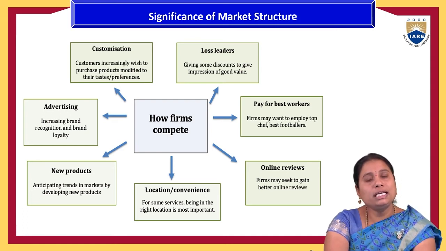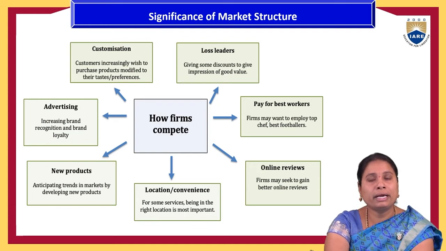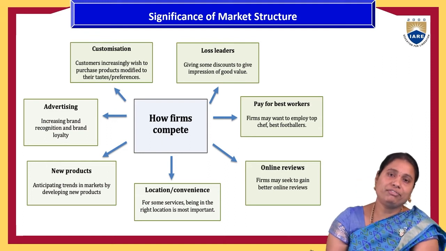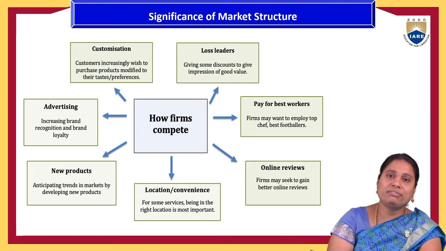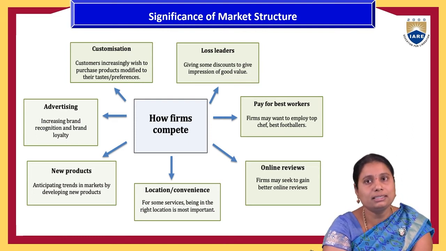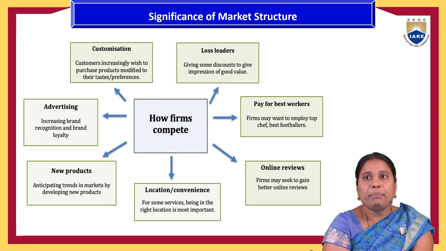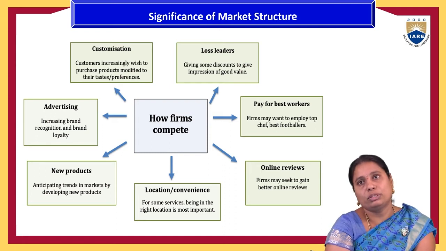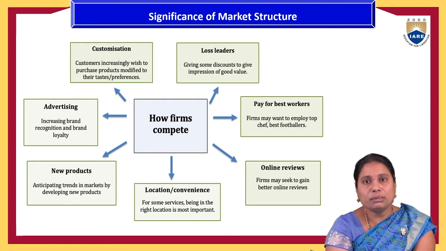And loss leader identification can also be easy with the help of the market structure. That is, who is getting maximum benefits and who is not is also one of the features of identifying under the market structures. And paying the best workers is also easily possible with the market structure. That is, who is the best player.